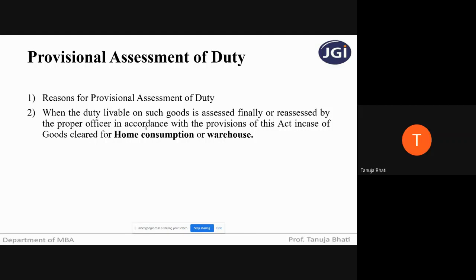Suppose he has paid more duty than calculated by the proper officer, then he'll get a refund of that. Suppose he has paid a lesser duty than calculated by the proper officer, he has to pay the deficit amount of duty back to the customs authorities.